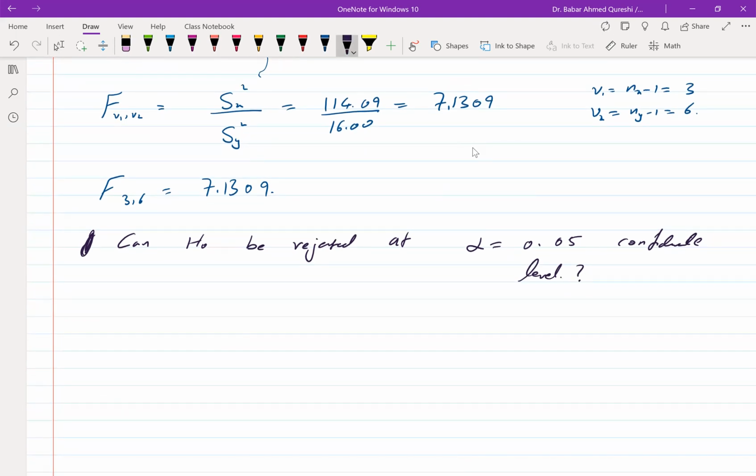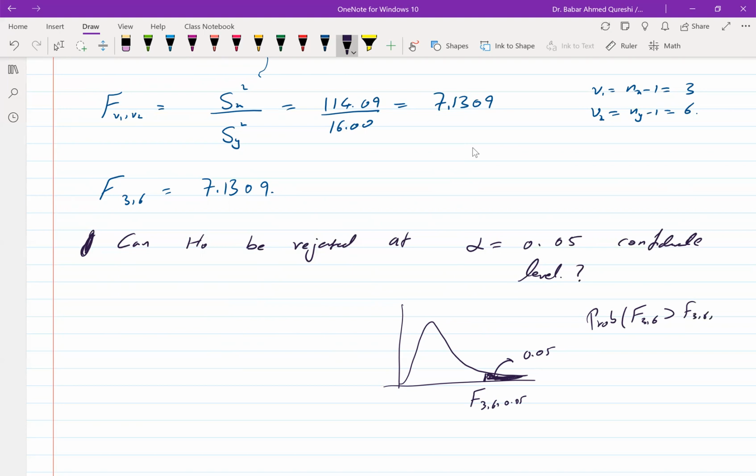So for that, I have to compute, this is the kind of distribution. This is 0.05. I have to compute this critical value of F, for which the probability of this being bigger than it is equal to 0.05.